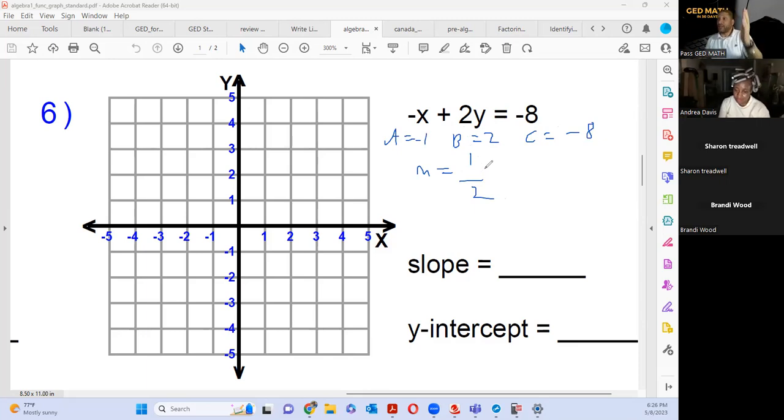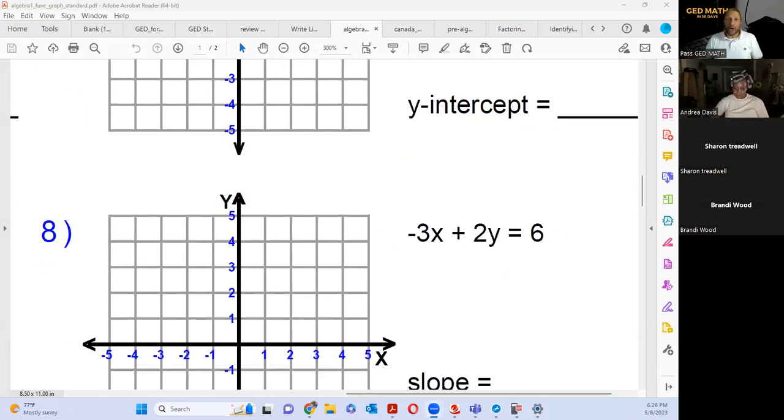The opposite of -1 is +1. B is 2. I don't have to do that. I can see it because I know standard form. I can identify standard form right away. It takes me seconds. I can look at it and say, okay, the slope is 3/2. I don't have to work with it because I know this is A. I know this is B. I know this is C.